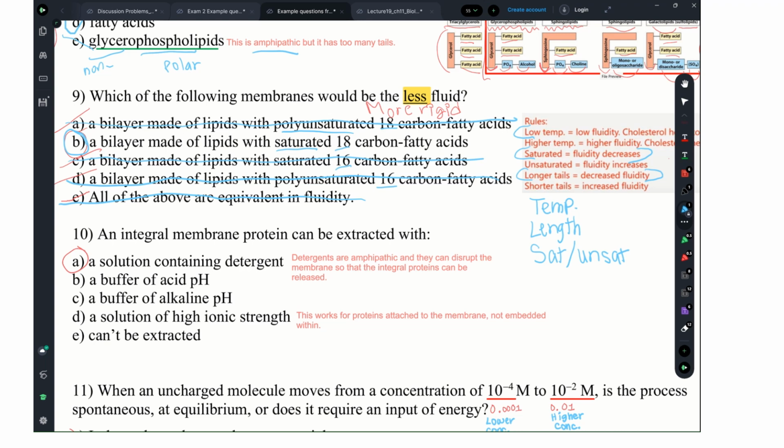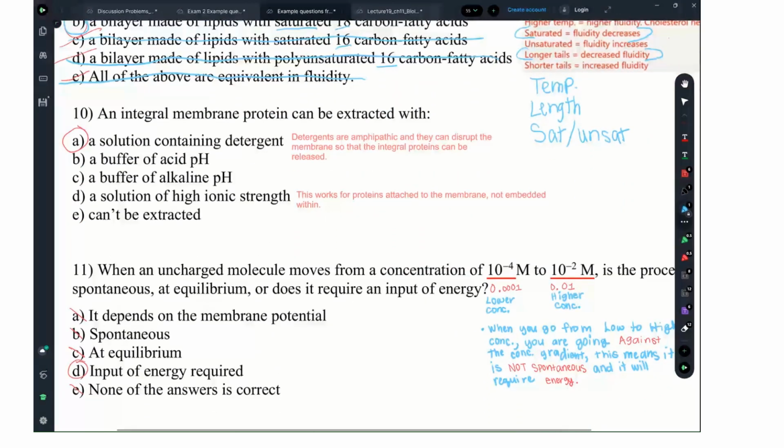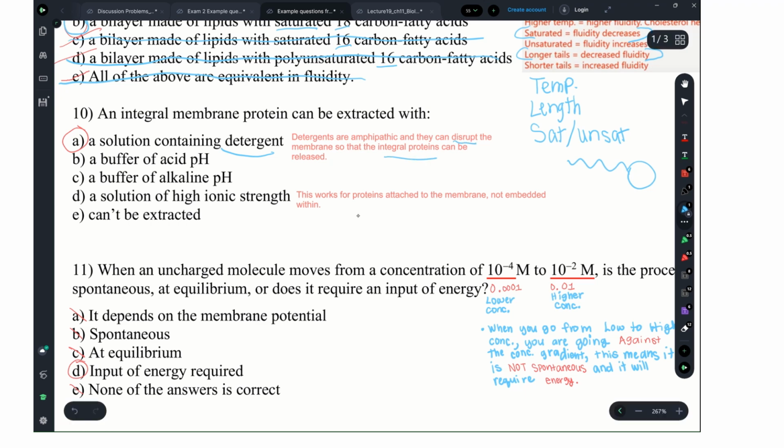That's the less fluid. Number 10, an integral membrane protein can be extracted with a solution containing detergent. Remember that detergents are amphipathic, so they have a polar head group and then a non-polar group, and this can disrupt the membrane so that the integral proteins can be released.